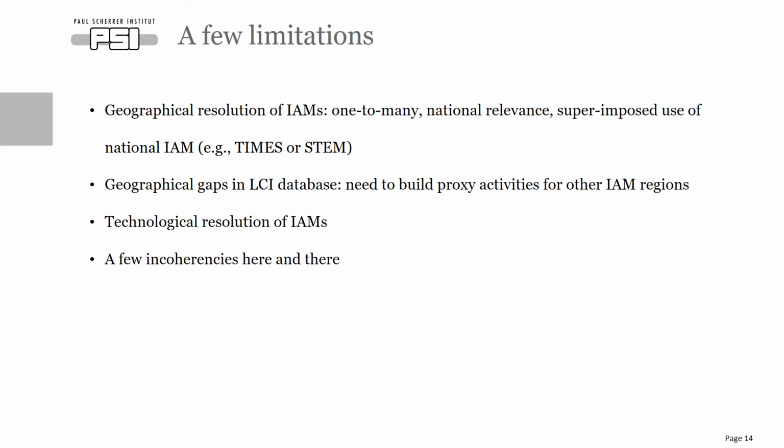We have steels with different content of carbon. We have stainless steel, recycled steel, so we have to deal with this one-to-many correspondence here as well. And this can be a bit problematic because, of course, the impact of producing low alloyed steel is very different from the impact of producing stainless steel.